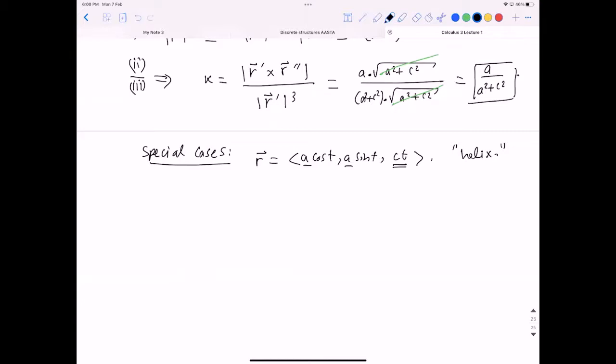What happens if C is 0? So it's a special case. Case 1, when C equals 0. What happens? C equals 0, so it's not a helix at all. It is a circle in the XY plane.